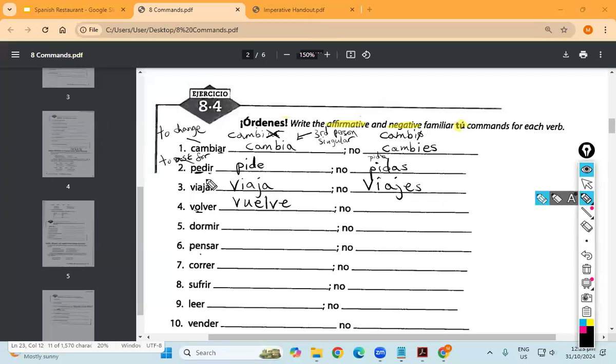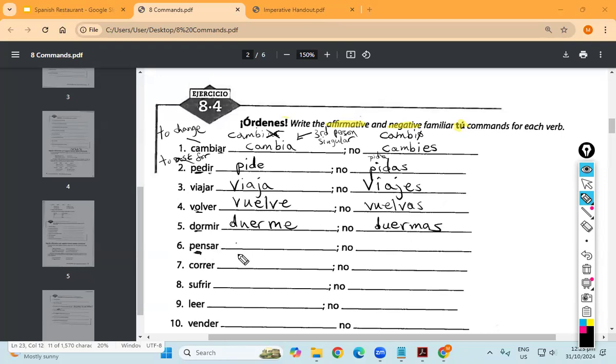Volver means to return, like return home or whatever. Don't return, no vuelvas, right? Dormir, O to UE, stem changing. So sleep, duerme, right? Don't sleep, no duermas.